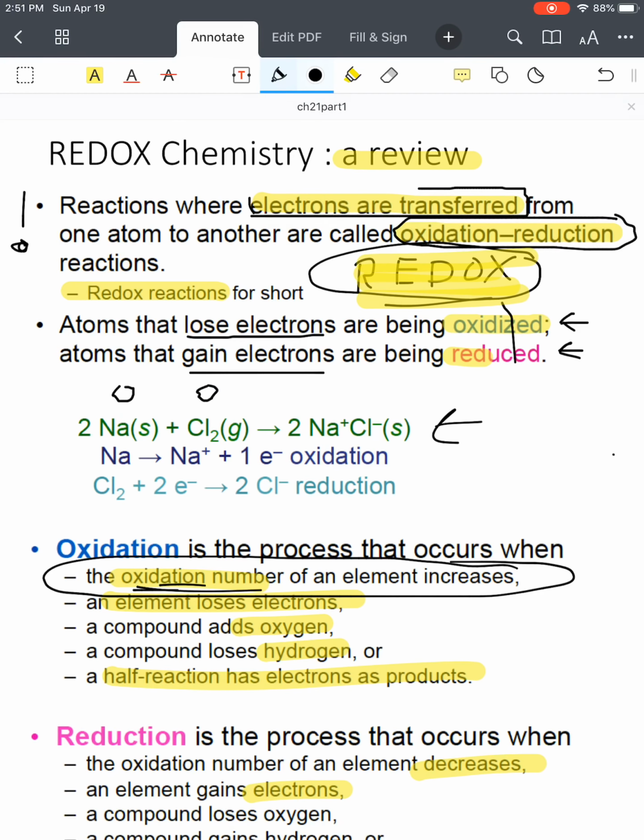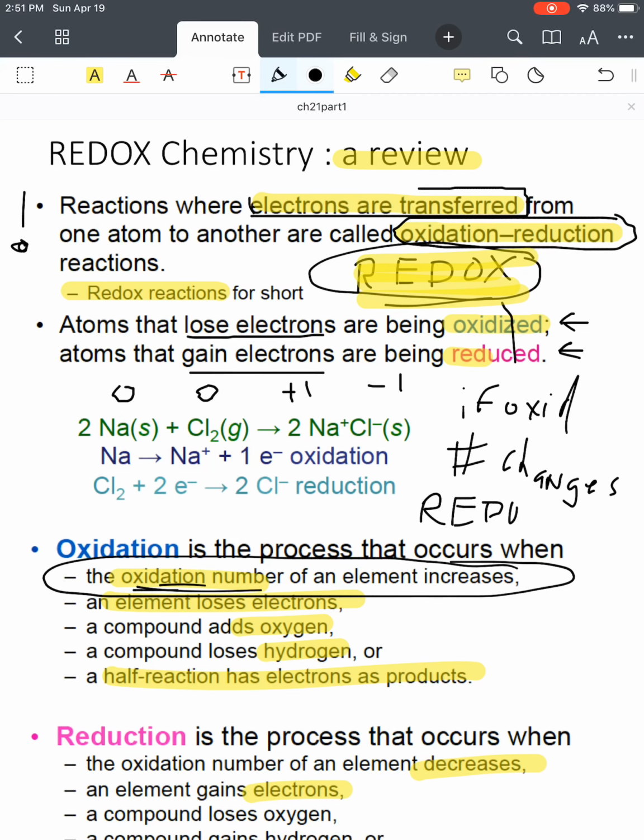So another way to look at these redox reactions, which goes hand in hand with the transfer of electrons, is that if the oxidation number changes, that's a surefire sign that we have a redox reaction. If the oxidation number changes, we've got redox chemistry going on.